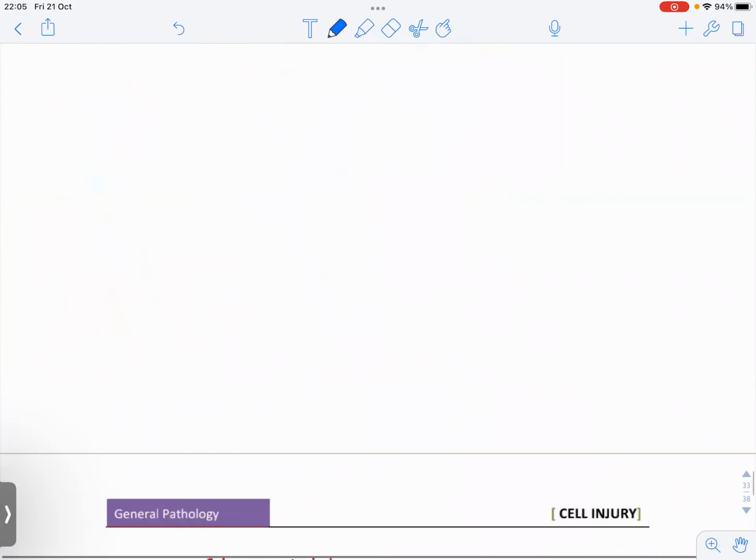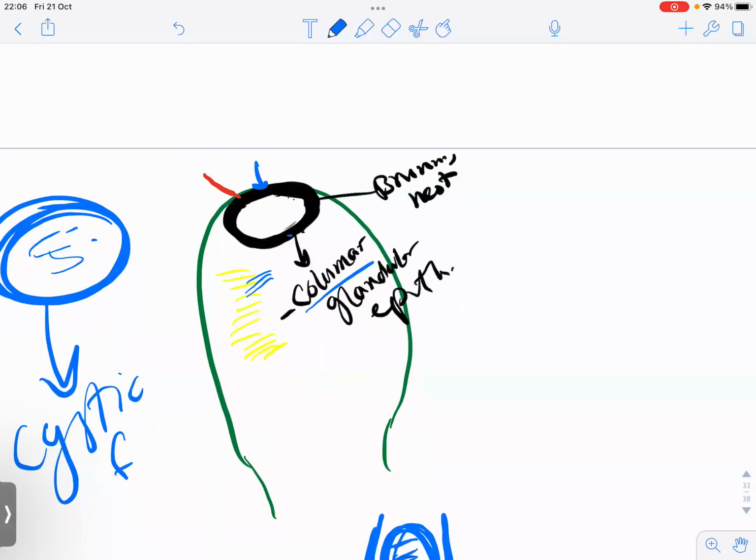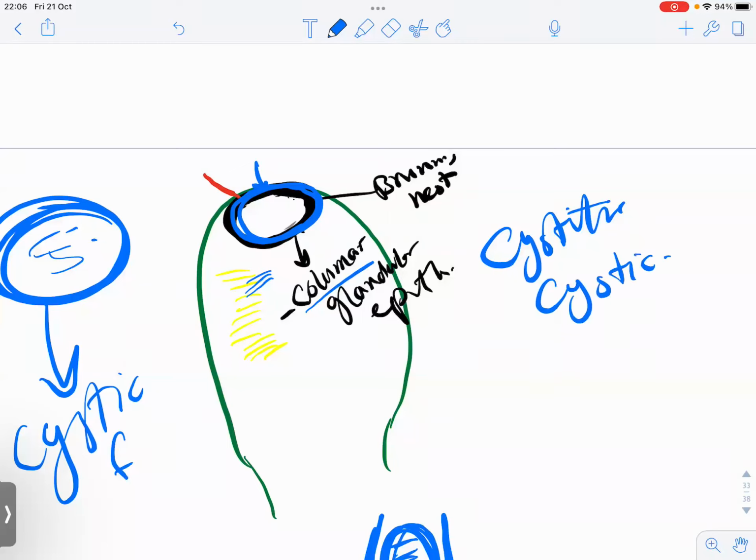Cystitis means inflammation, because bilharziasis caused inflammation, and cystica because it transformed into a structure like a cyst. Cystitis means inflammation of the bladder, and cystica means the inflammation leads to formation of cysts.